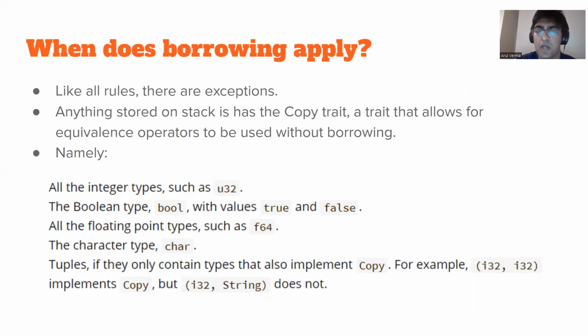Primitive types have a built-in copy trait, which allows for equivalence to be used without borrowing. All it does is create a new place in memory with that exact same data. And it's implicit. You don't have to call copy like you'd have to call other functions from a class. Copy is done automatically when you use the equals sign. So both our integers store the same value, but in different places in memory, and you can change one without the other changing.